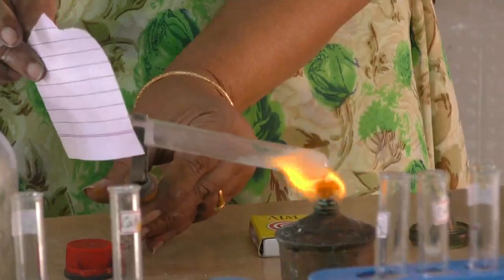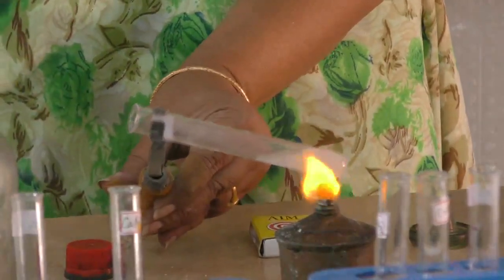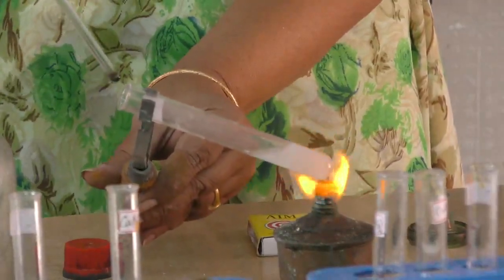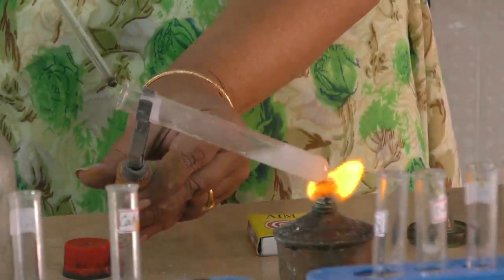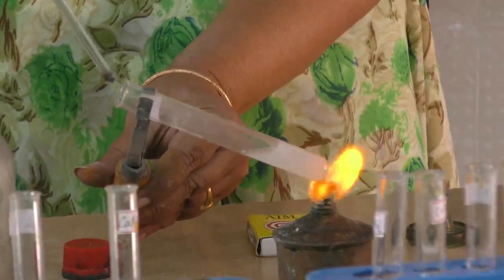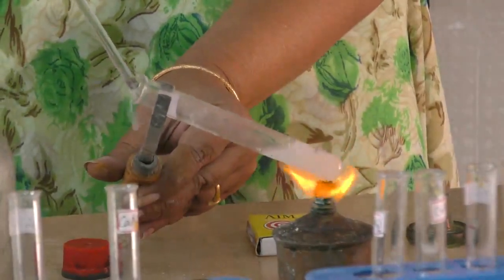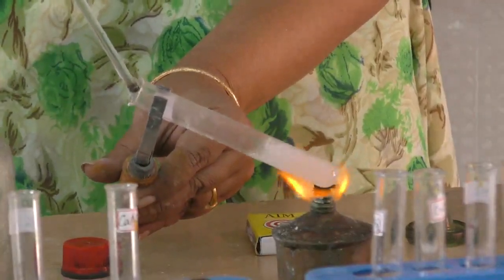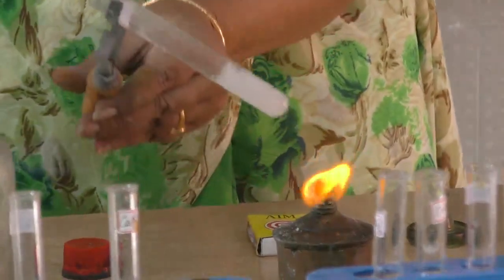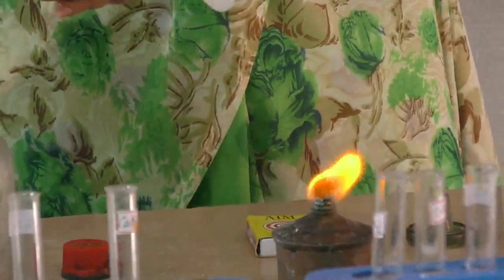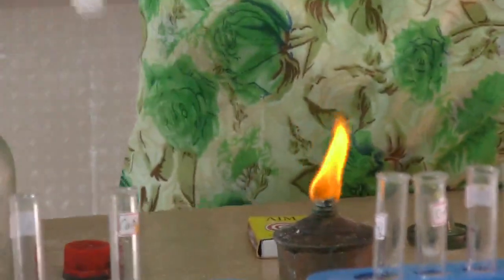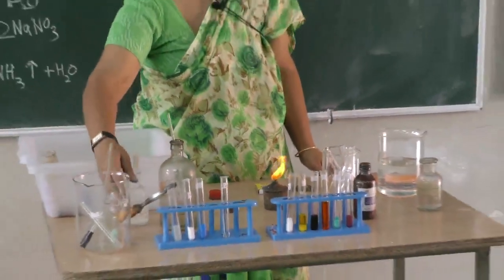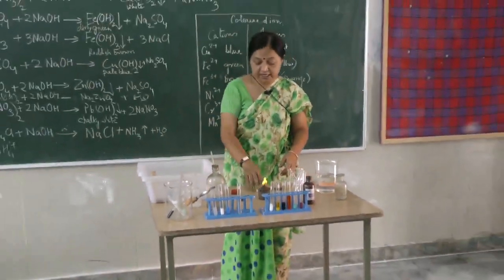Seems the gas has all evolved already. Let's see with this. Can you see the fumes now? Dense white fumes coming out. So that was ammonia gas. And now we will do the tests with ammonium hydroxide, a dilute alkali.